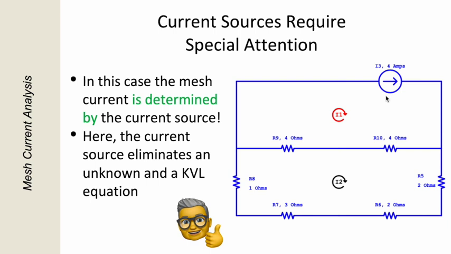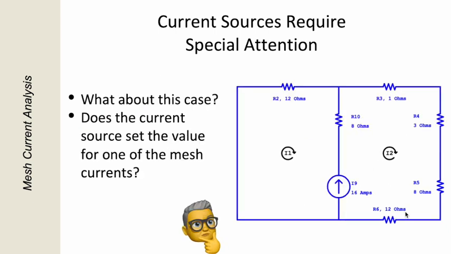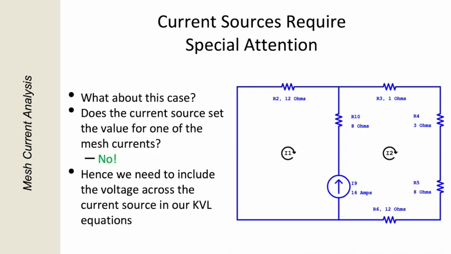That's a good thing. Now, what about this case? Does the current source set the value for one of the mesh currents? It does not. Hence, in this case, we would need to know the voltage across the current source in order to introduce that into our KVL equations.